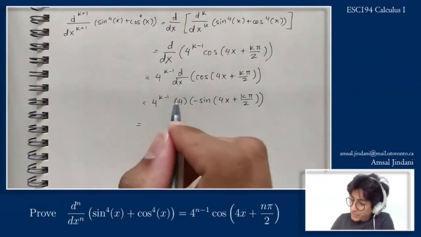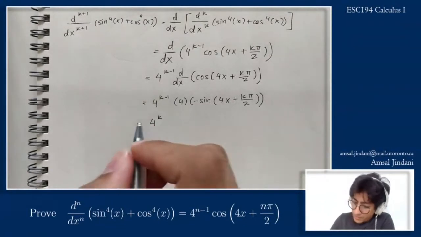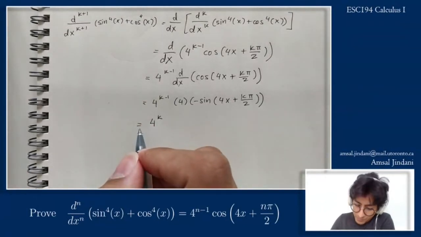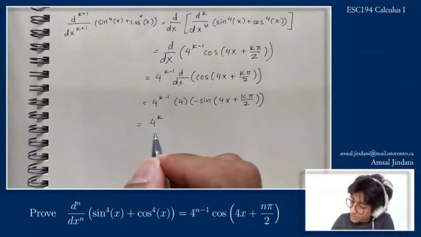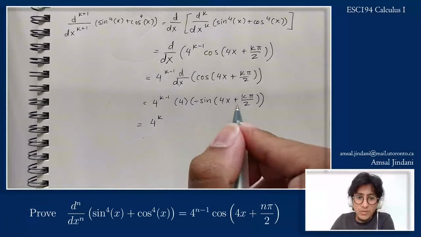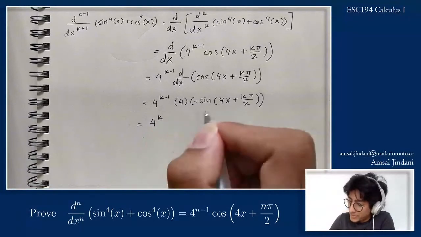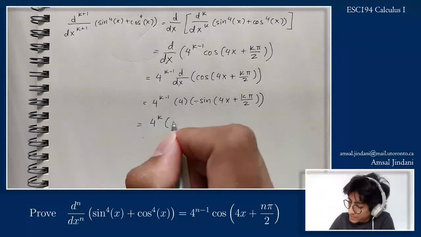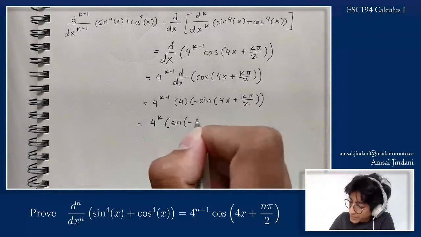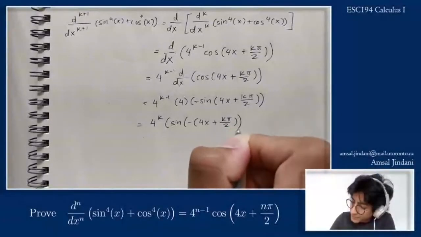Now this 4 to the k minus 1 times 4 just gives me 4 to the k. Then I'm going to bring the negative sign into the sine expression because it's an odd function and we can do that. So we have sine of negative 4x plus k pi over 2.